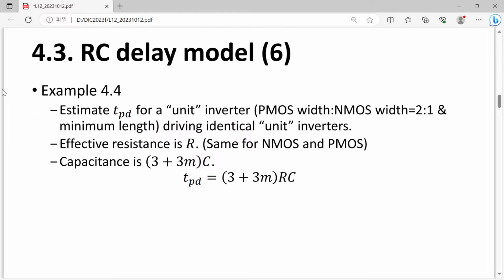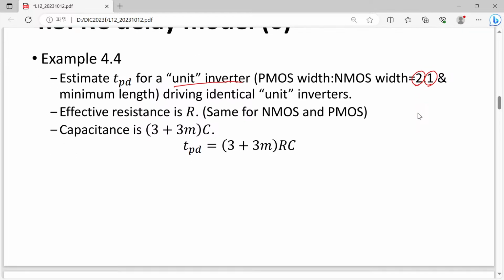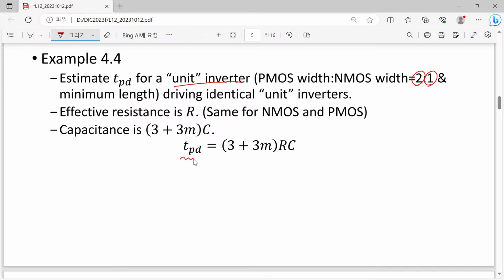So now think about a unit inverter. Here unit inverter means that in this textbook they assume the width of PMOS and NMOS is in a 2:1 ratio. Then let's try to calculate this propagation delay.